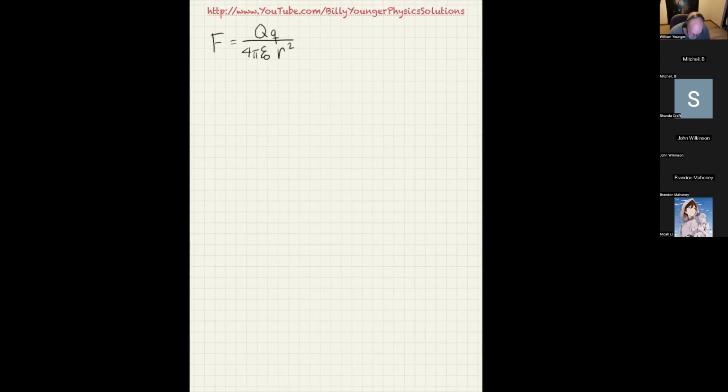So you see Q Q over 4 pi epsilon naught. That's the actual magnitude of the force.